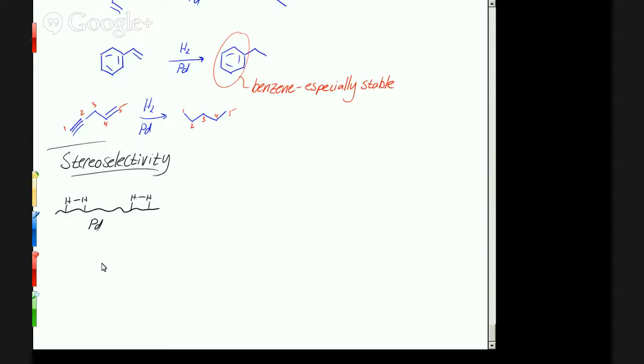And double bonds can also deposit to those metal surfaces. So a carbon-carbon double bond, which we know is flat, right? Planar, will sort of come down and dock onto that metal. It'll actually use those electrons from the double bond to connect to the metal.